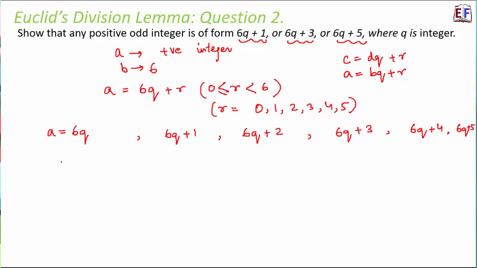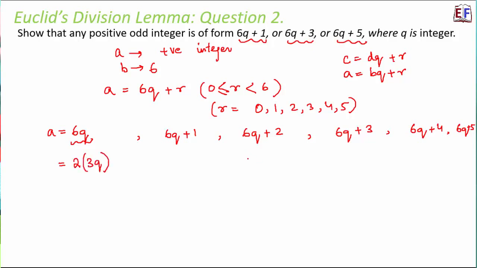Now by looking at all these options, you can very quickly identify which of these are even and which of these are odd. Even as in it should be divisible by 2. So looking at this, you can see that this is divisible by 2, right? Because 6 is divisible by 2. This can be written as 2 into 3Q.